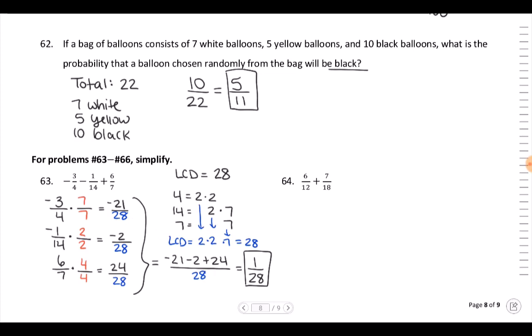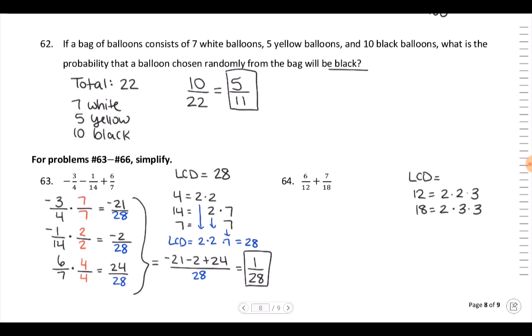Okay. So for this one, 6/12 plus 7/18, I need to find the least common denominator. 12 is 2 times 2 times 3, and 18 is 2 times 3 times 3.